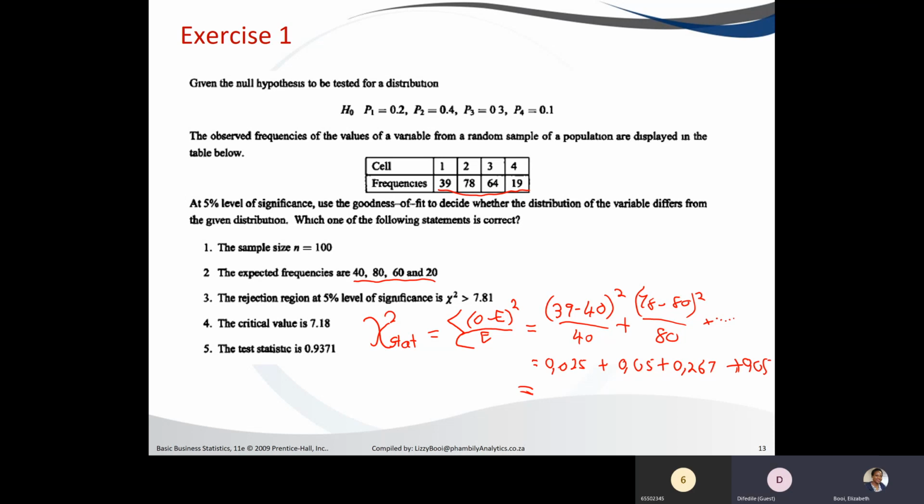What do you get? I got 0.152. Yes, I think somewhere you made a mistake where you added 0.025 plus 0.05 plus 0.267 plus 0.05 again. Okay.